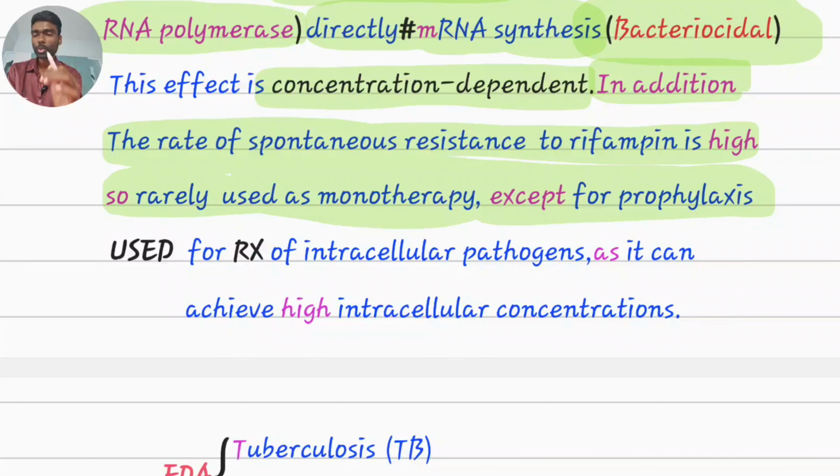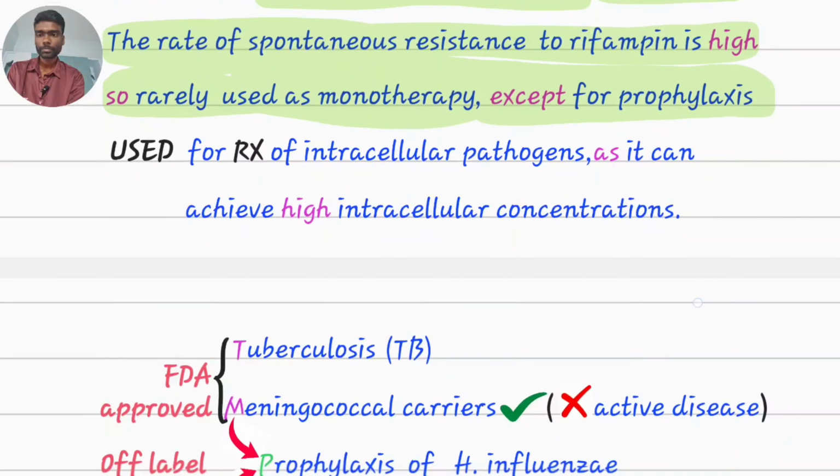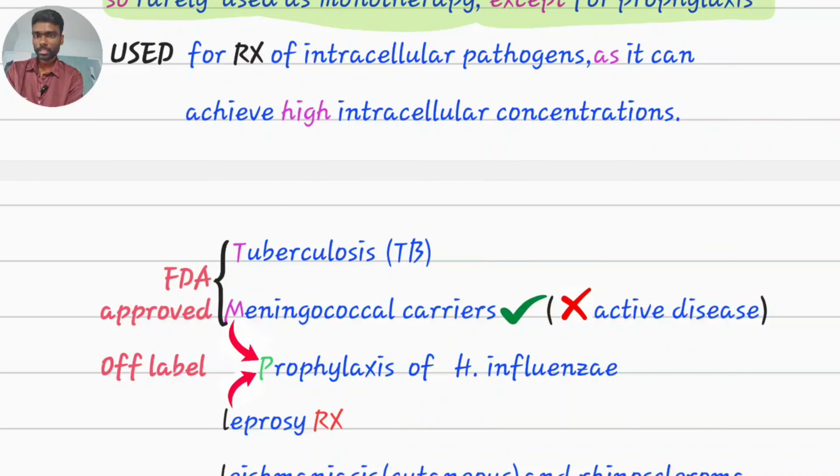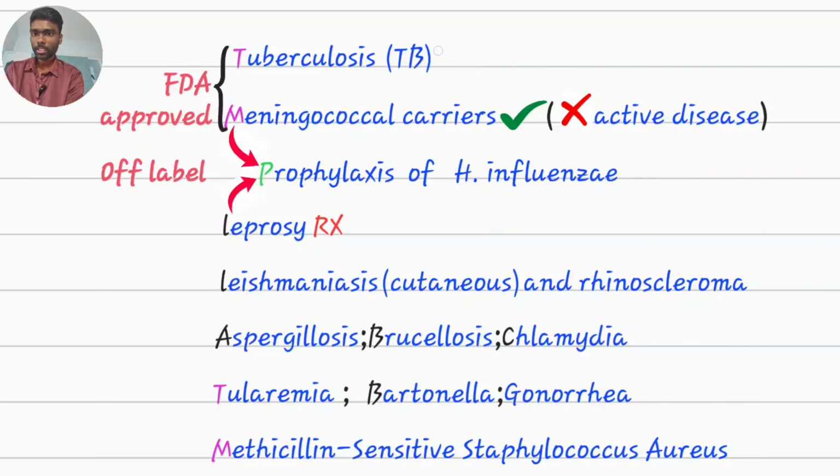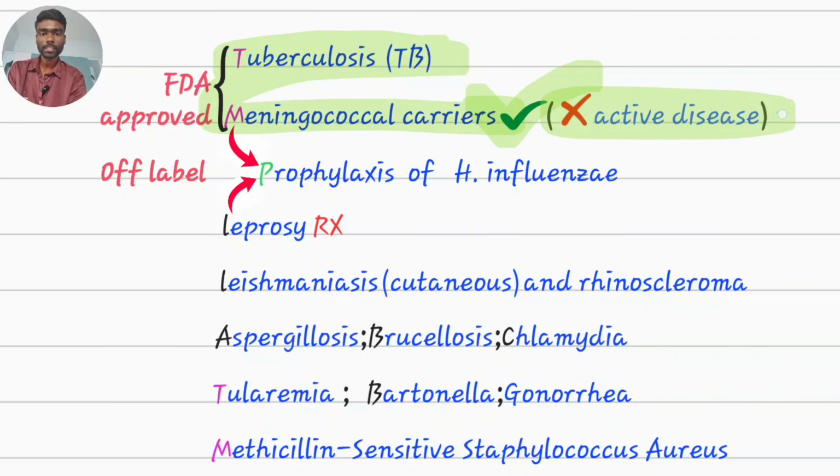Why? To avoid resistance. Coming to its uses, it is used for treating intracellular pathogens, as it can achieve high intracellular concentrations. Only two FDA approved uses are tuberculosis and meningitis, T and M. Here in meningococcal disease, it is used only for carriers, not for active disease.